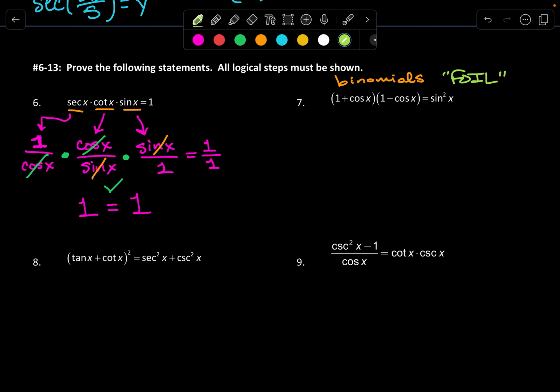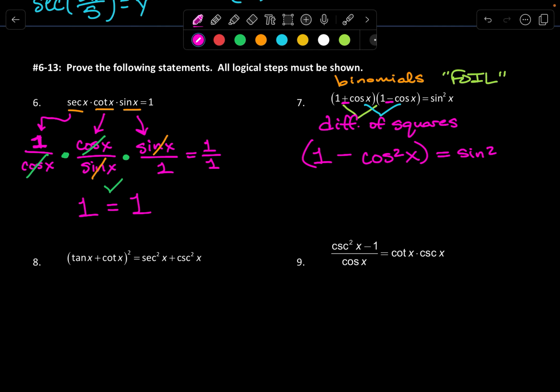If you notice, they have matching factors at the front, matching factors at the end, and they have mixed signs, which means this was a difference of squares. And so I can quickly just put it back together as 1 squared, which is just 1, minus cosine squared x.